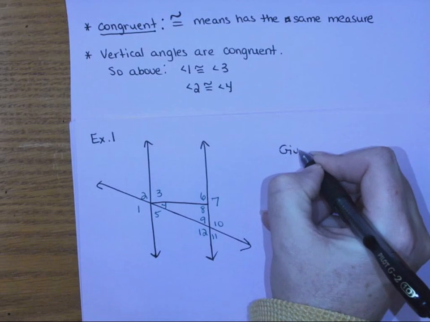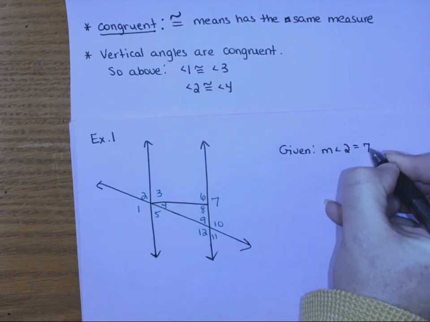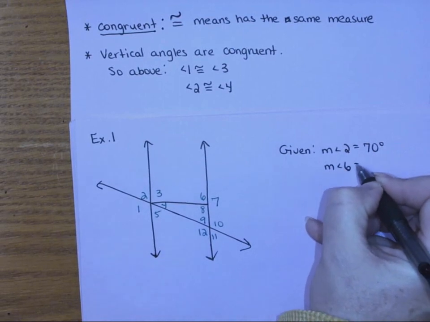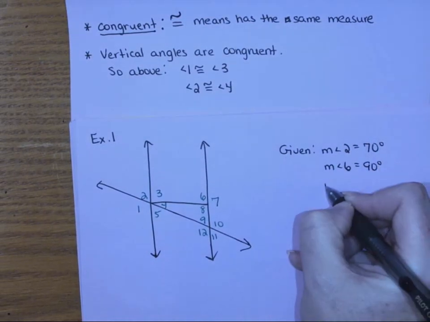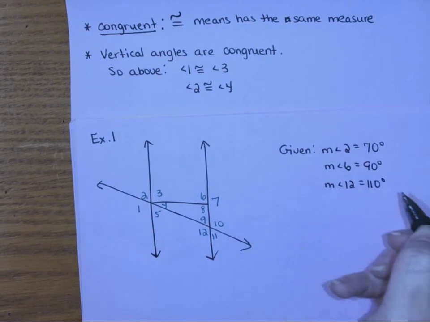And I'm going to give you a few of these angles. So the measure of angle 2 is 70. The measure of angle 6 is 90. The measure of angle 12 is 110.